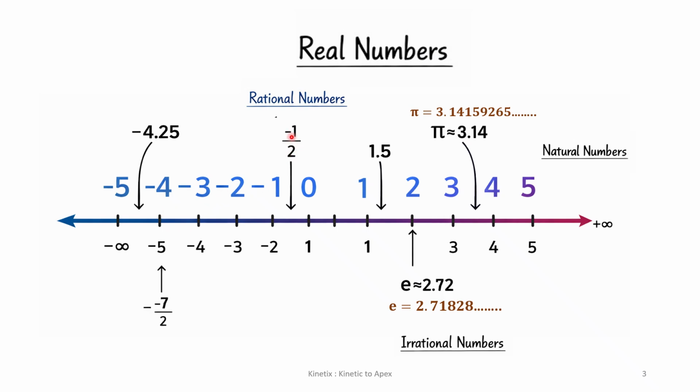Any number in the form of p by q, may be positive, may be negative, that is a rational number. Numbers such as pi, e, which are not terminating and not repeating, are known as the irrational numbers. We'll discuss in detail in the next slide.